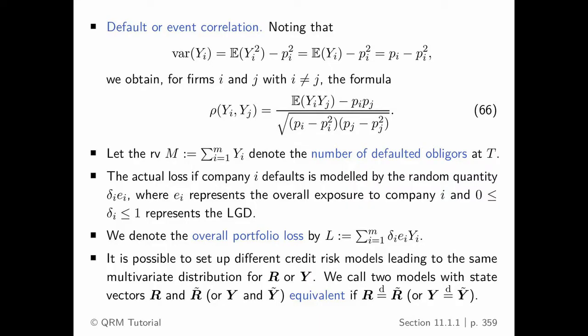Sometimes we will use a random variable to denote the total number of defaults in the portfolio. So often we use a capital M. Small m is the portfolio size. Large M is the number of defaults. If a firm defaults, we probably wouldn't lose our entire exposure.